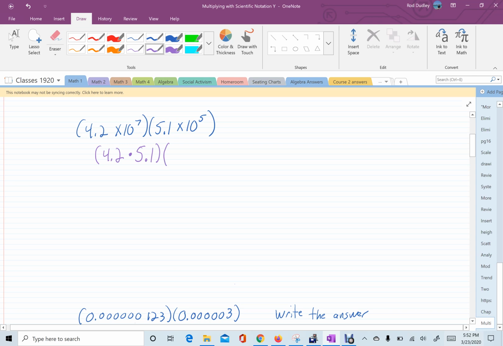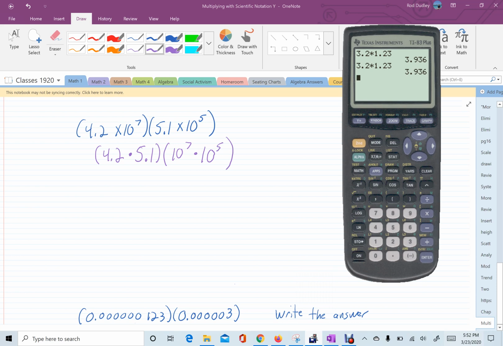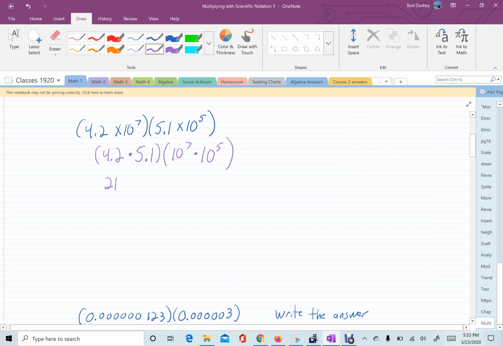And we have 10 to the 7th times 10 to the 5th. Okay, so 4.2 times 5.1, we get 21.42. 21.42 times 10 to the 7th times 10 to the 5th, which is 10 to the 12th. 7 plus 5 is 12.